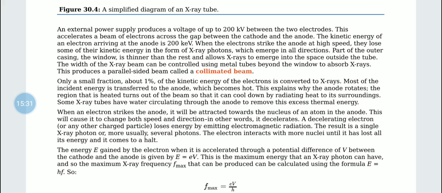When an electron strikes the anode, it will be attracted by a nucleus, and as a result the electron changes speed as well as direction while eliminating its energy as photons.